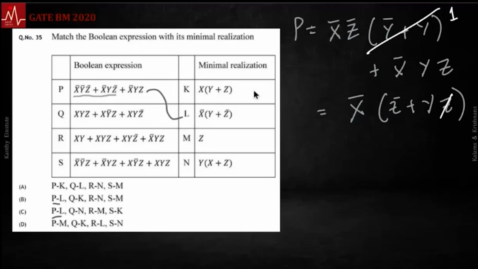Can we do one more thing? Let's do one more and then we'll wind up, okay. So let's do this. Again, common things. Notice X bar Z is common. XZ is common.